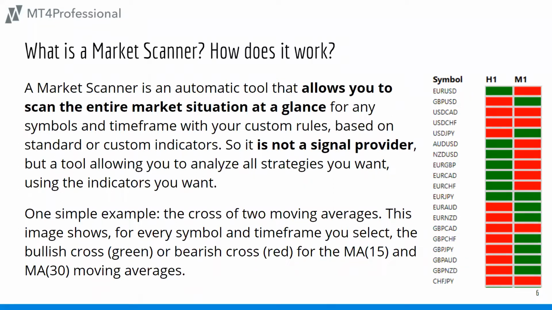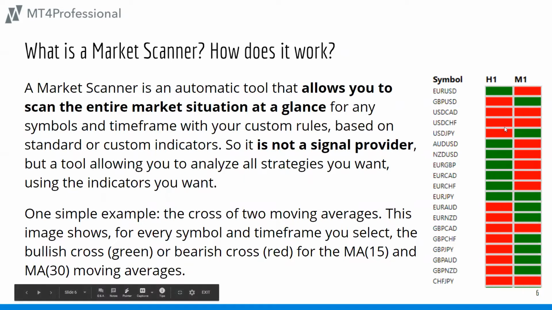criteria is met. For a quick example, say I want to put together a scanner that looks at the cross of two moving averages, which is very popular. I select a bullish cross being green and a bearish cross being red, and I look at a 15 and 30 period simple moving average.